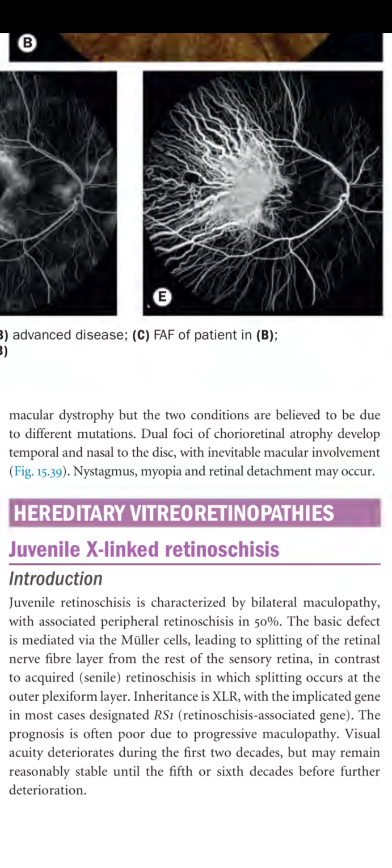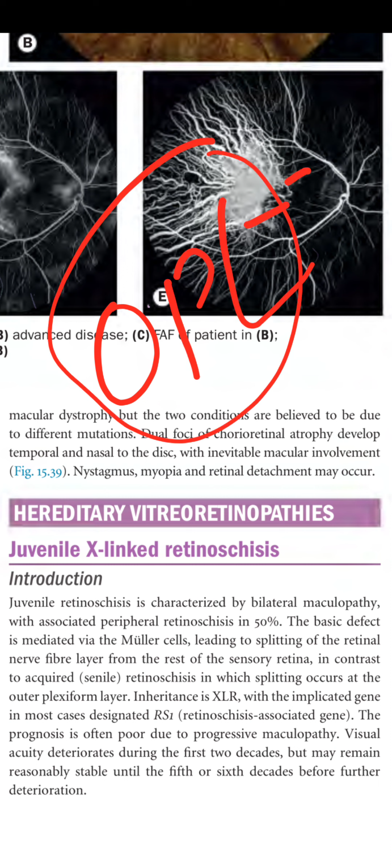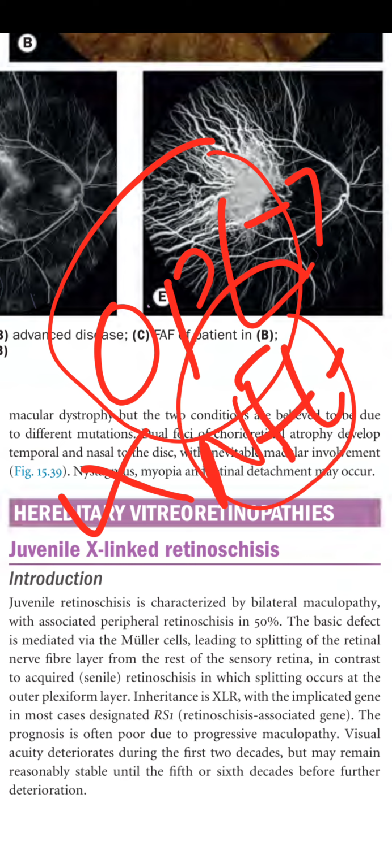The basic defect is mediated by the Muller cells, leading to the split of the retinal nerve fiber layer from the rest of the sensory retina, in contrast to the acquired senile retinoschisis, in which splitting occurs at the outer plexiform layer. So in the acquired form, most of the time the splitting occurs in the outer plexiform layer, but in juvenile X-linked retinoschisis, the splitting occurs at the nerve fiber layer.